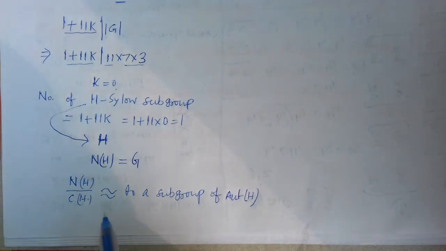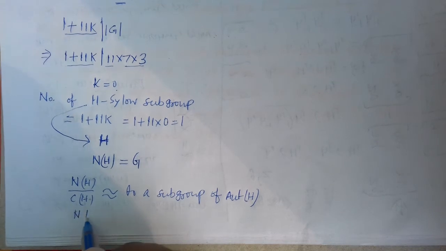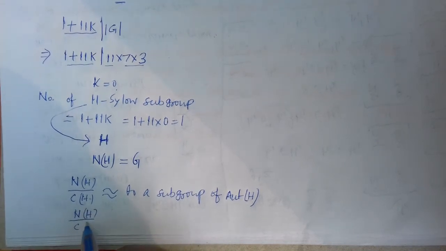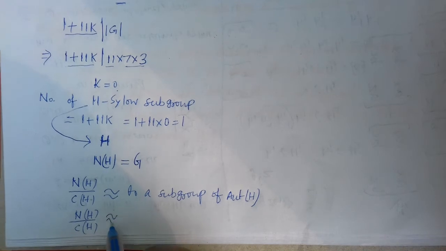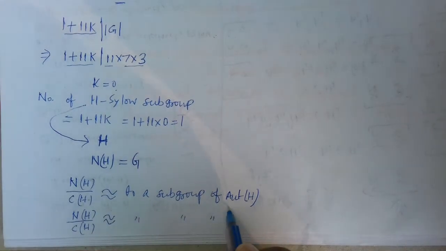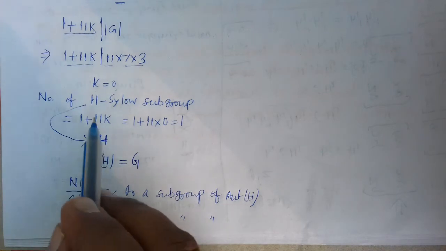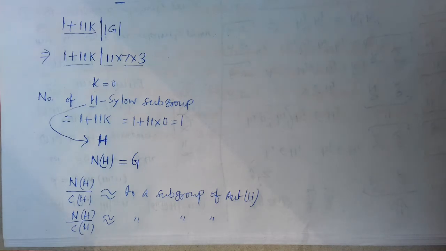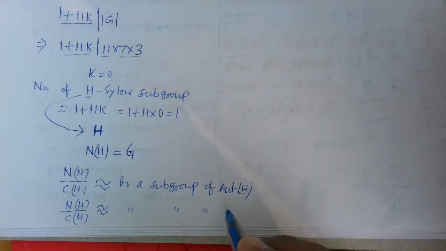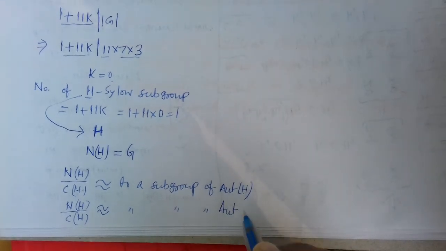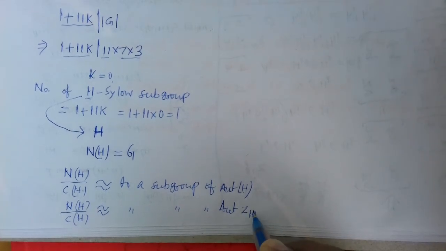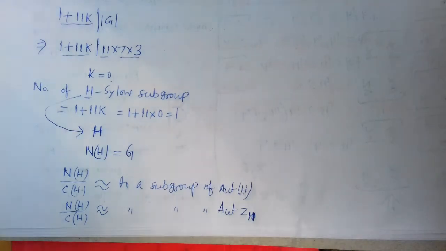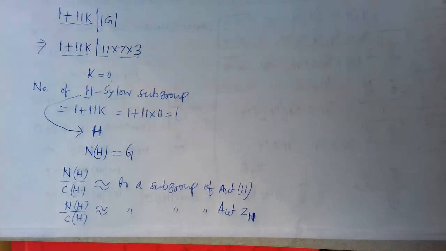So the next thing is NH by CH will be isomorphic to a subgroup of Aut(H). The order of H is 11. 11 is a prime number, so H is a cyclic group. So in place of H we can write Z11, because all cyclic groups of the same order are isomorphic.